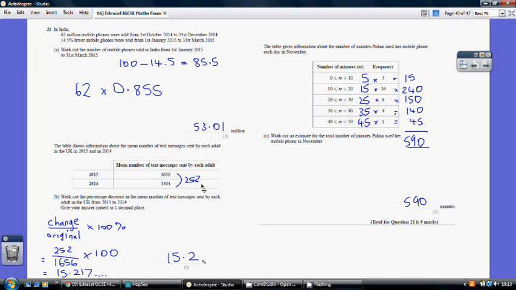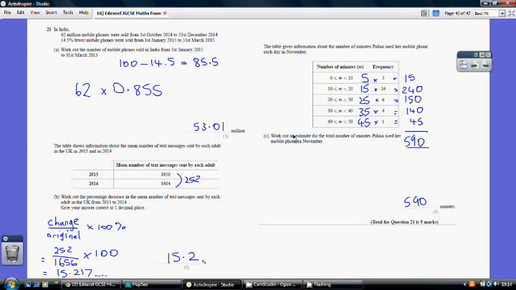We divide this by the original amount, the 2013 amount of 1656, and then multiply this answer by 100, giving us 15.217..., which is 15.2 to 1 decimal place.